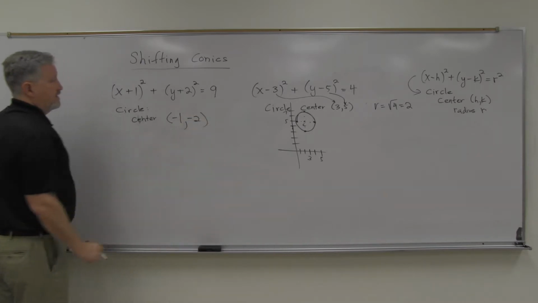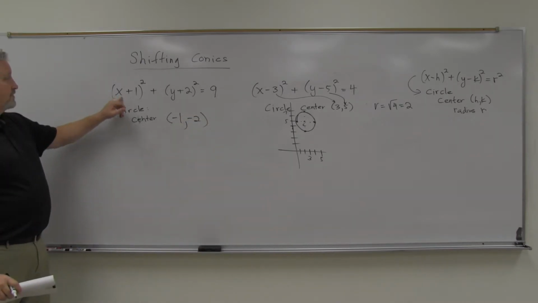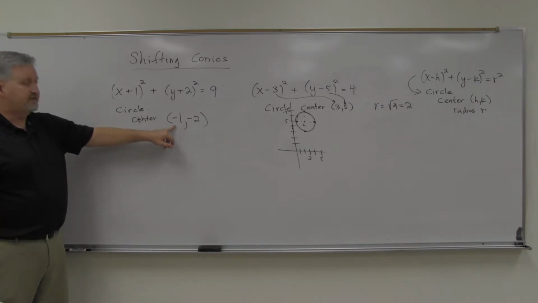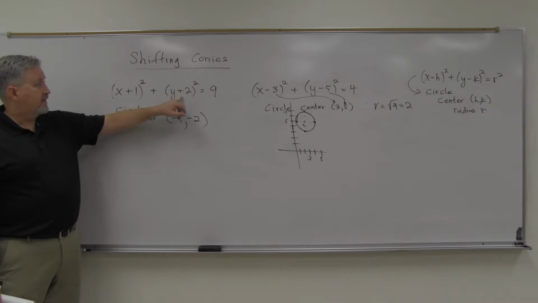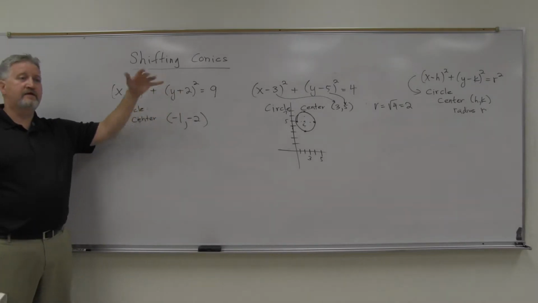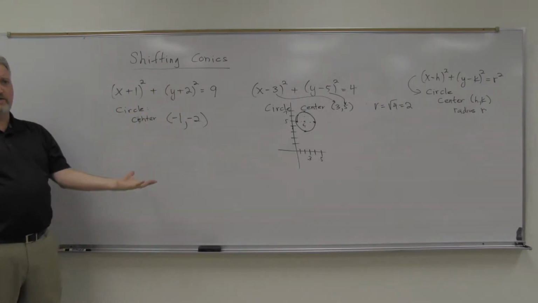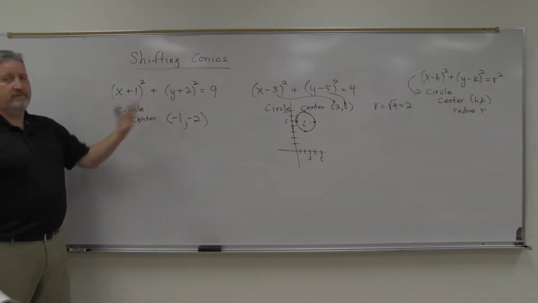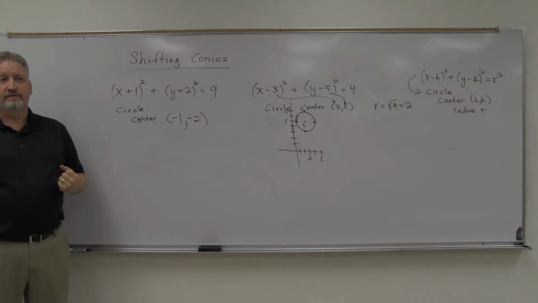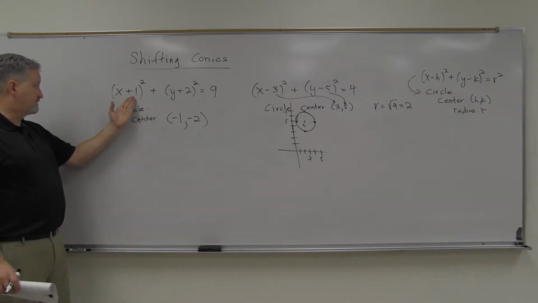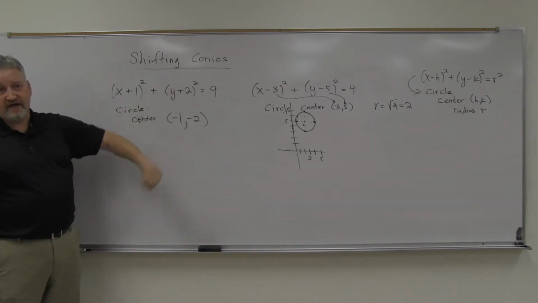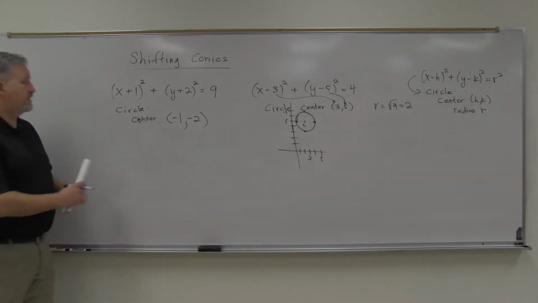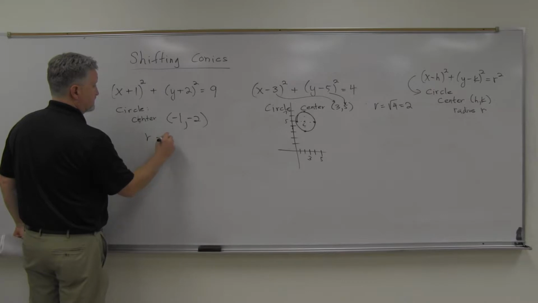If you've got a plus 1 with the x, then the h, or the x value of the center, is -1. If it's plus 2 with the y, then it's -2 for the k, or the y coordinate of the center. You do the opposite sign, if you will, of what appears in the equation, because of the shifting. That's going to make it shift to the left, and that's going to make it shift down. So your center is -1, -2 there, and the radius there is 3.